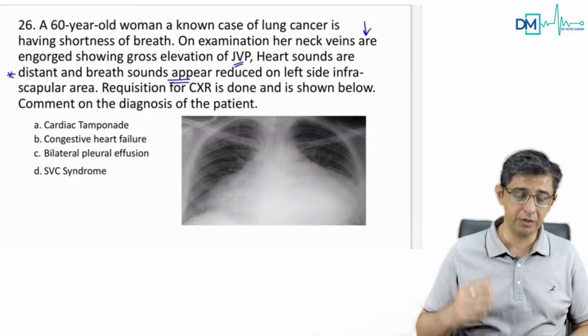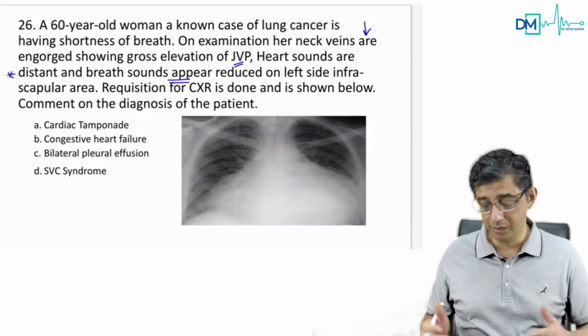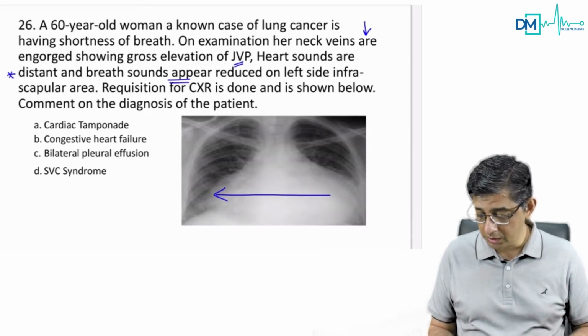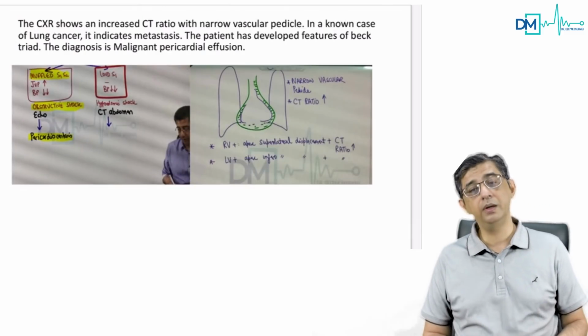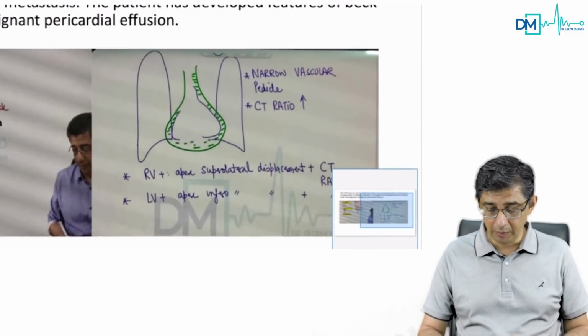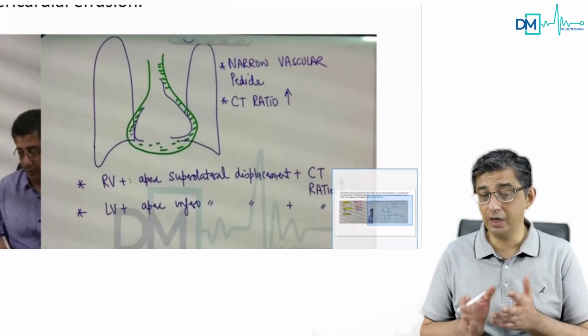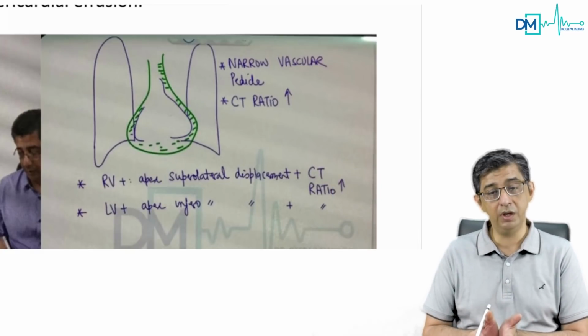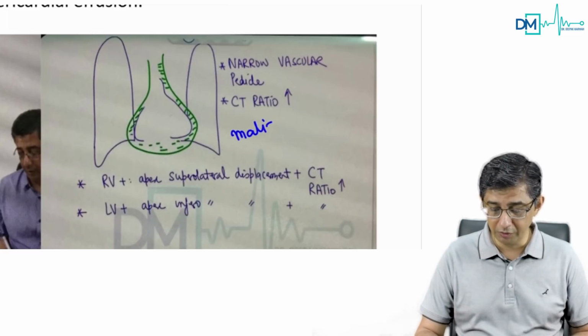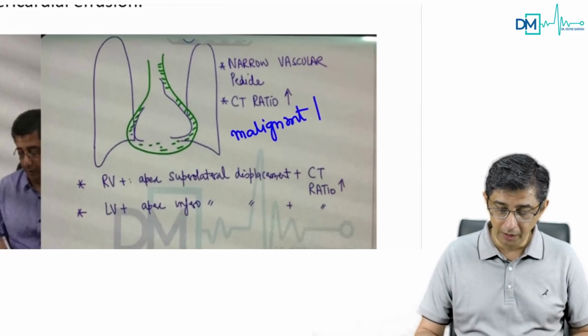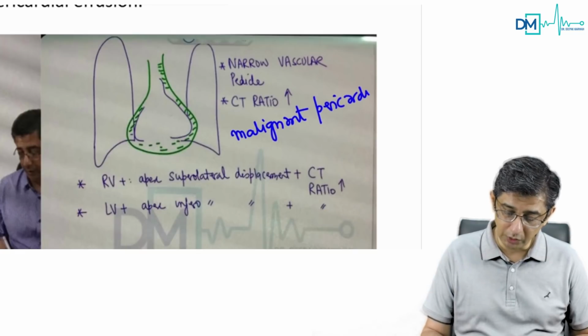Elevated jugular venous pressure, distant heart sounds, and a significantly increased cardiothoracic ratio, because what's happening in this case is fluid outside the heart. You can see that I've described cardiac tamponade with a similar kind of example. There's fluid accumulation around the heart. This guy with lung cancer is basically having a malignant pericardial effusion. He can be having a pleural effusion also, no doubt about it.